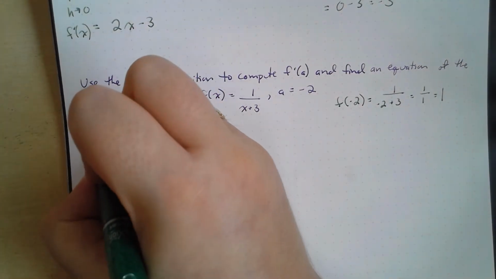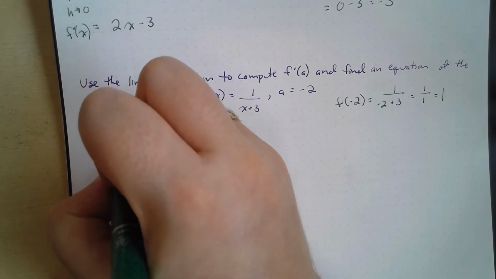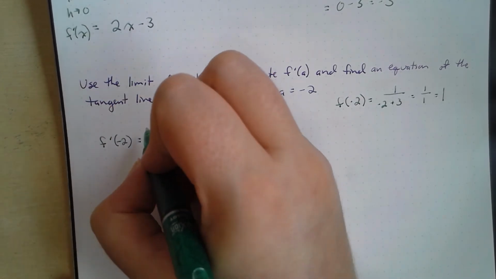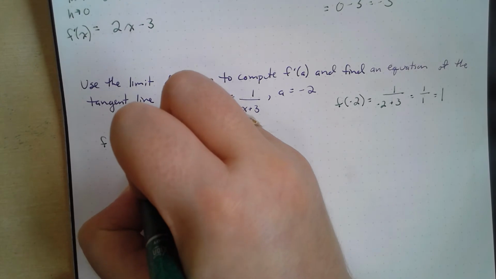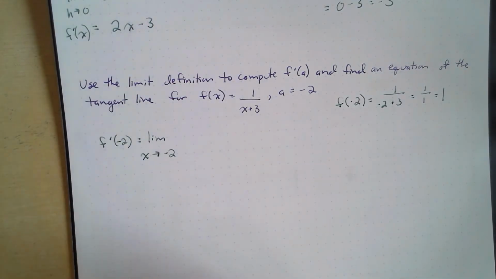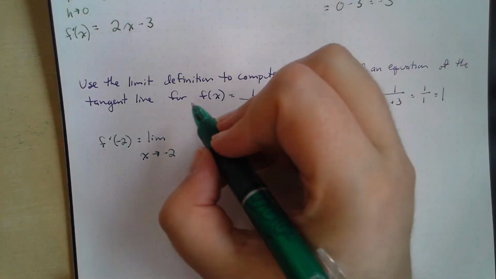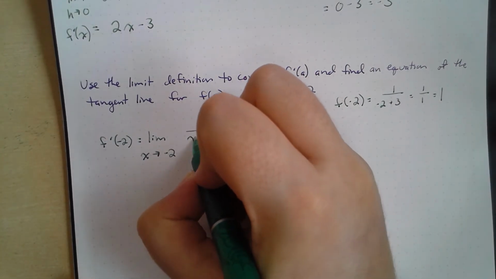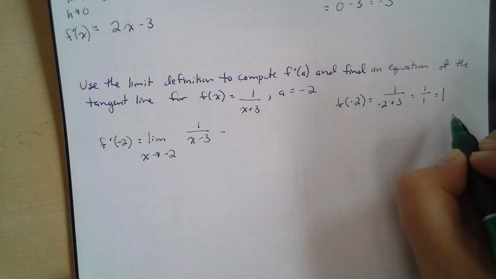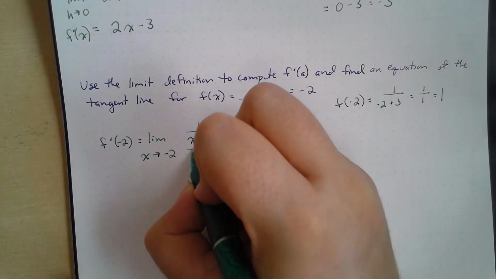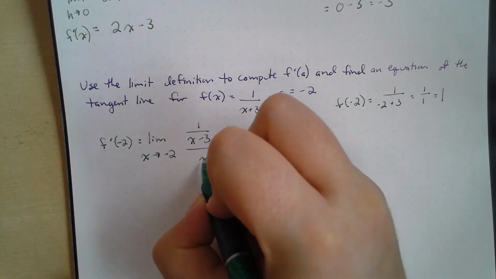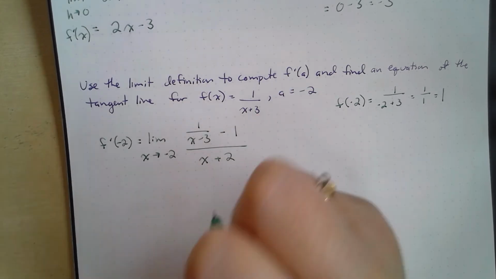Beautifully convenient. f prime of negative 2 is going to be equal to the limit as x approaches negative 2. Remember, we're using the alternative definition here of 1 over (x plus 3) minus f of a, which is 1. We already found that. Over x minus a, negative 2, is plus 2.